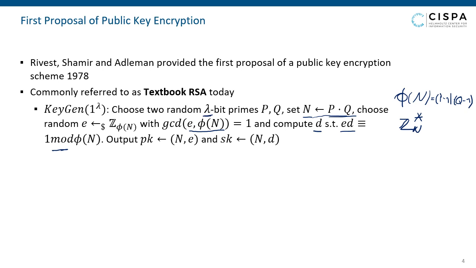Our public key will be n and E, and the secret key will be n and D. How do we compute such a D? This is done using the so-called extended Euclid-Lagrange-Berlekamp algorithm, or also ALBA algorithm.